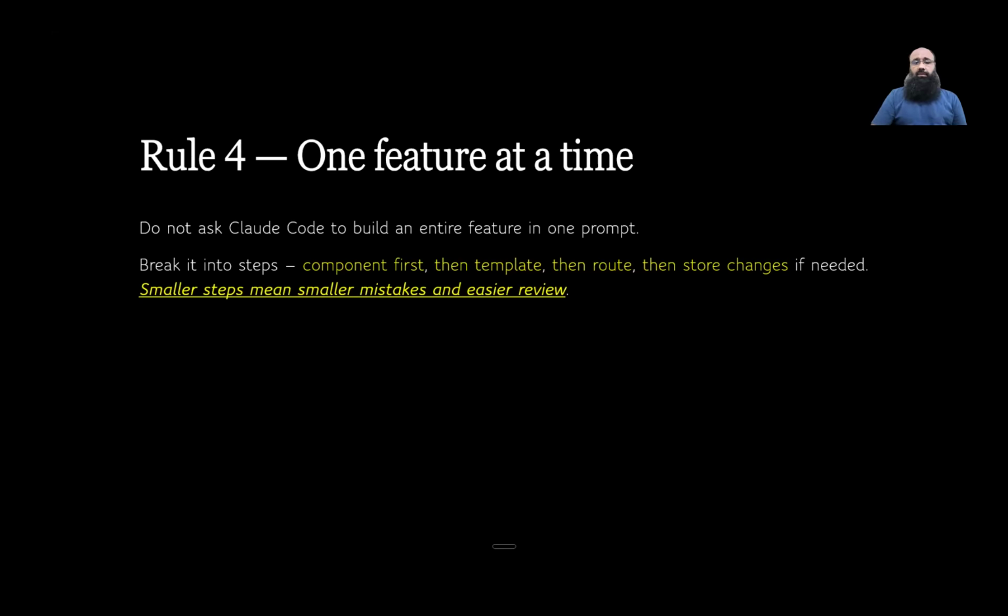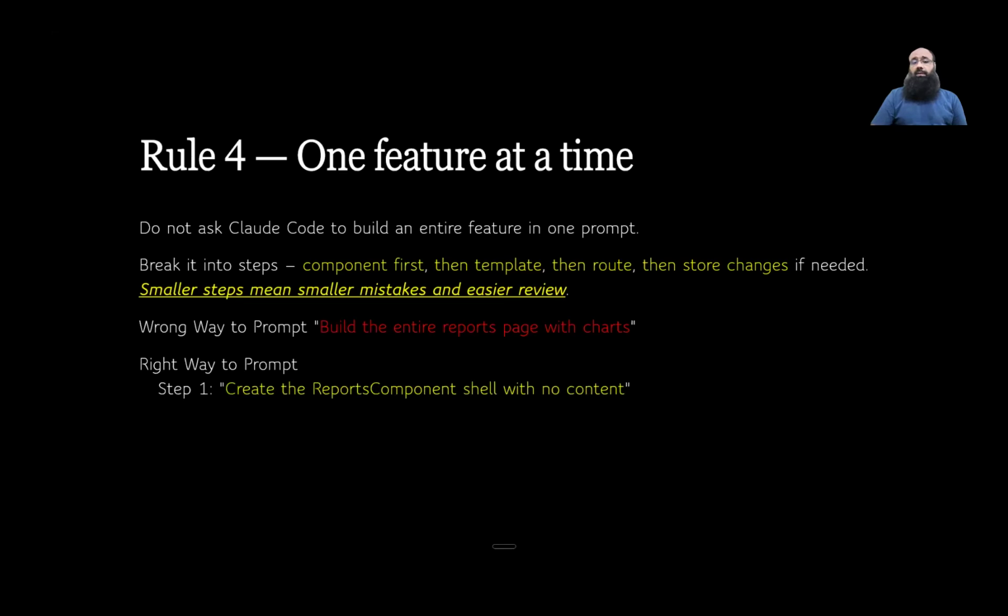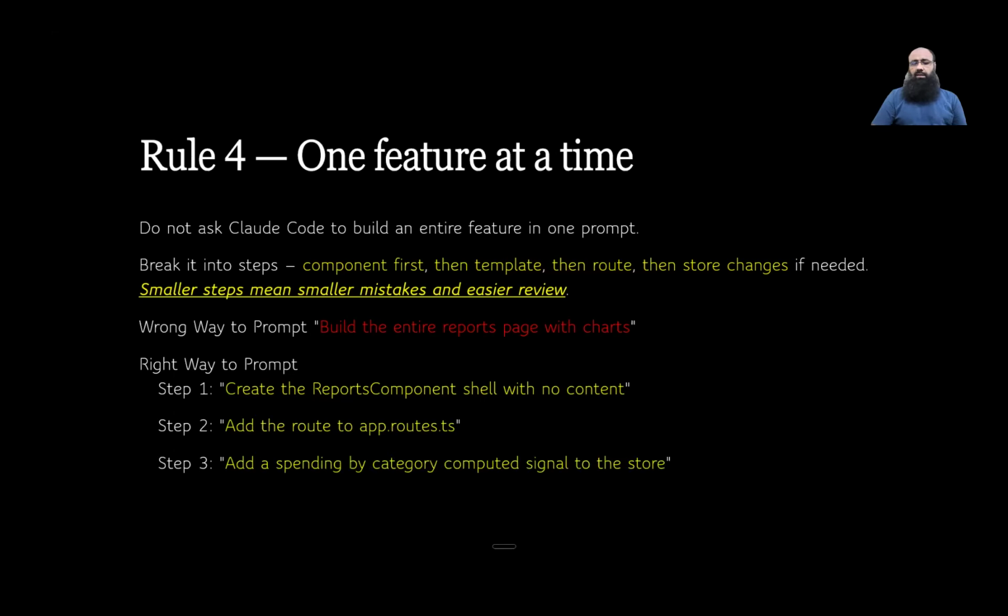The wrong way is to say build the entire report page with charts. But the right way is to create the report component shell with no content, then add the route to the app.ts, add a spending by category computed signal to the store, and then render the chart in the template. This way, Claude has much more knowledge regarding how we are effectively prompting.